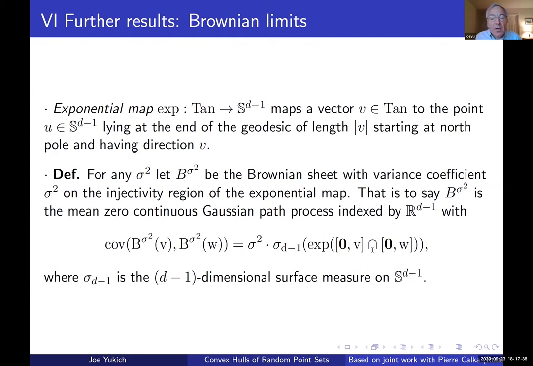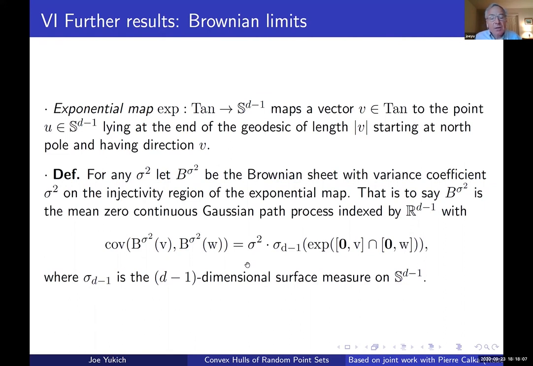Look at the intersection, take the exponential map of this, which maps it onto the sphere, take the surface measure of this inverse image of this image, multiply by sigma squared. The notation here is possibly not the best because this is representing surface measure of a set on the unit sphere, and this is some external parameter sigma squared.